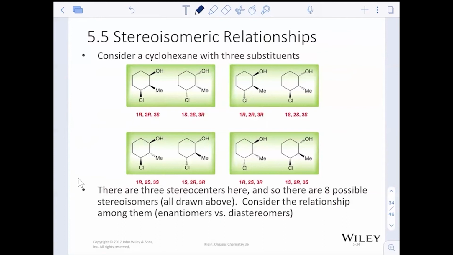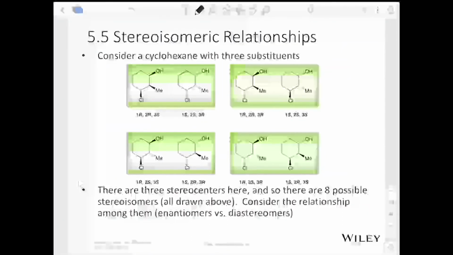Now, when we get big cyclohexane groups, when we get lots of substituents on molecules, when we get more than one chiral center, that's where we get the diastereomer, and we're going to practice this a lot. But what's really important to note is that when you have 3 substituents on a cyclohexane, and all 3 of those carbons in cyclohexane are chiral, there are 8 possible stereoisomers. Holy cow.